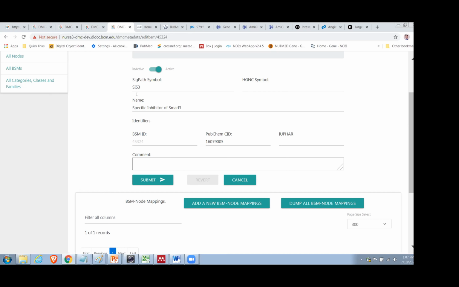One thing I would also point out is that BSMs can either be synthetic small molecules that have been rationally designed to either inhibit or activate a particular node.